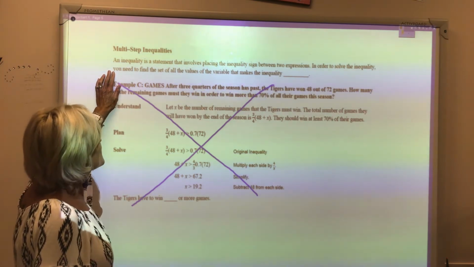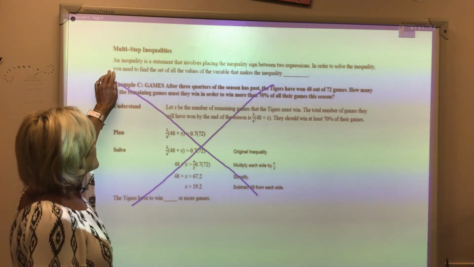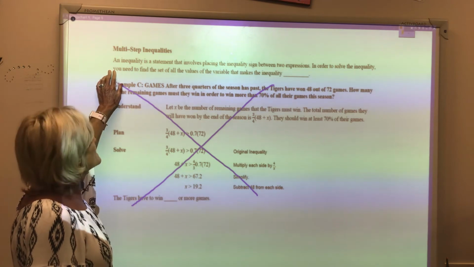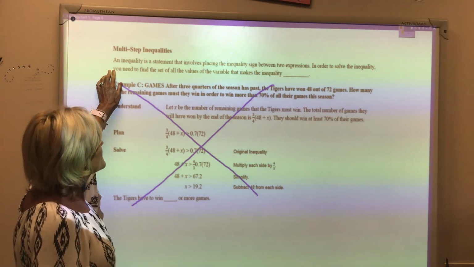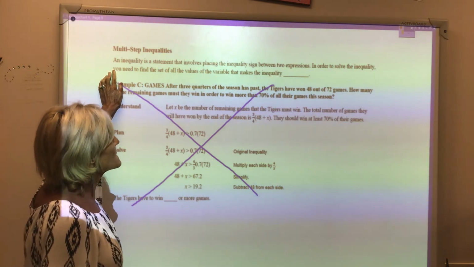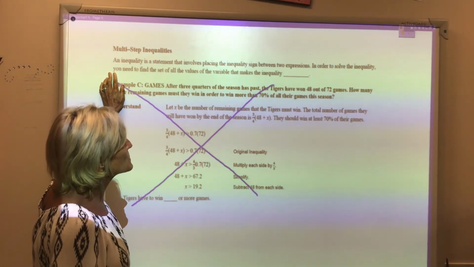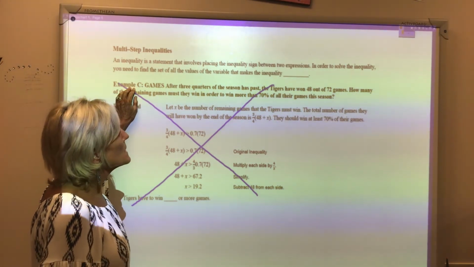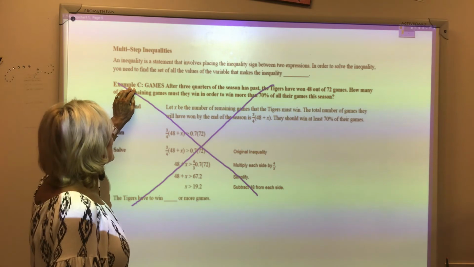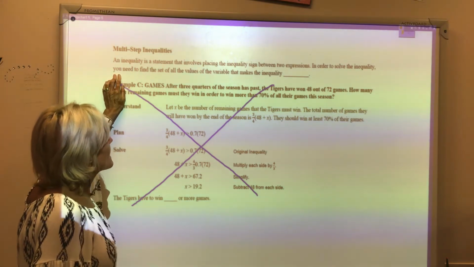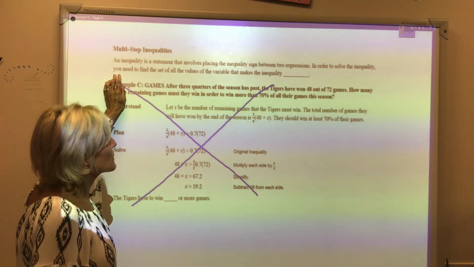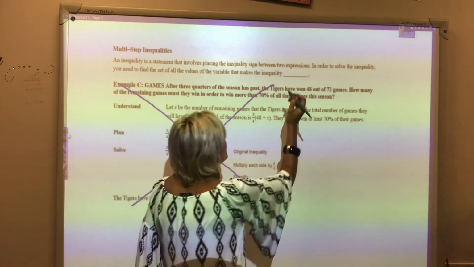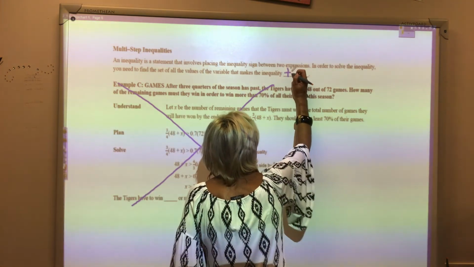Multi-step inequalities, this statement applies. An inequality is a statement that involves placing the inequality sign between two expressions. In order to solve the inequality, you need to find the set of all the values of the variable that makes the inequality true.